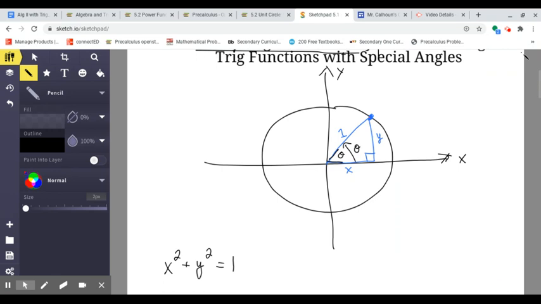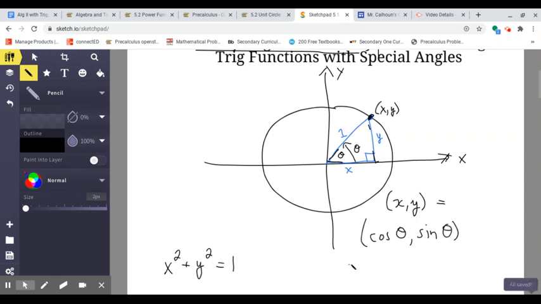But recall that at this point here, we know that that's x comma y. X units to the right, y units up, that's x, y. But from the last video, we know x, y is also cosine of theta comma sine of theta.